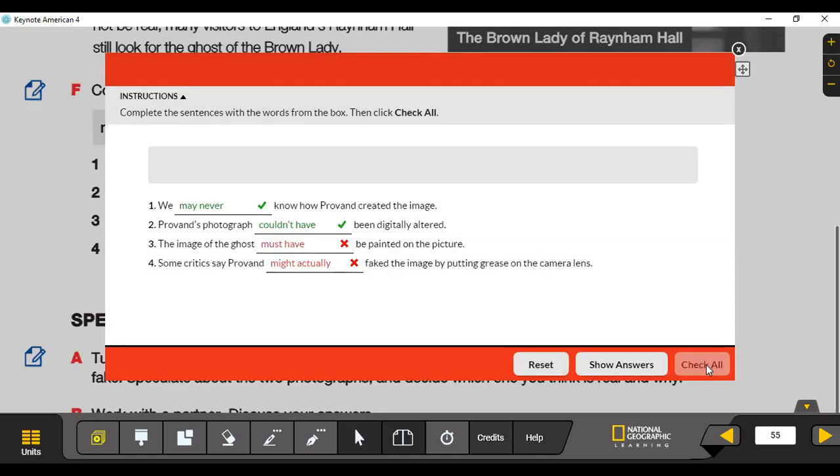Okay, so the last two, we have to switch them actually. So in here, it says the image of the ghost be. Be, in this case, is it simple form or past participle? That is simple form.